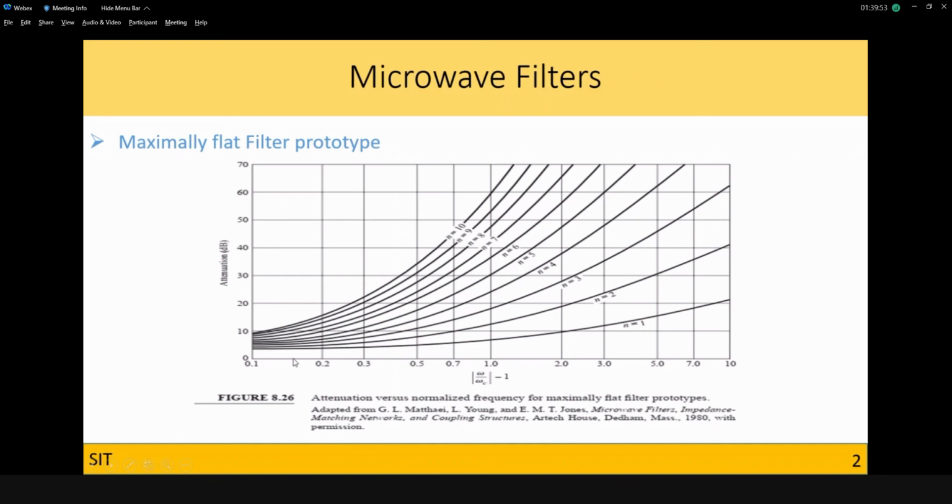Generally the power loss ratio will be like this, but here they have considered the power loss ratio varying from here to here, for n equal to 1, 2 and so on. You can see the slope of the filter, how much the filter order varies, and how much sharper the slope becomes.